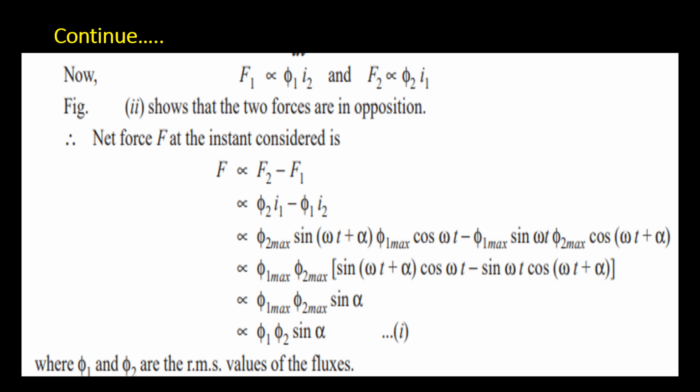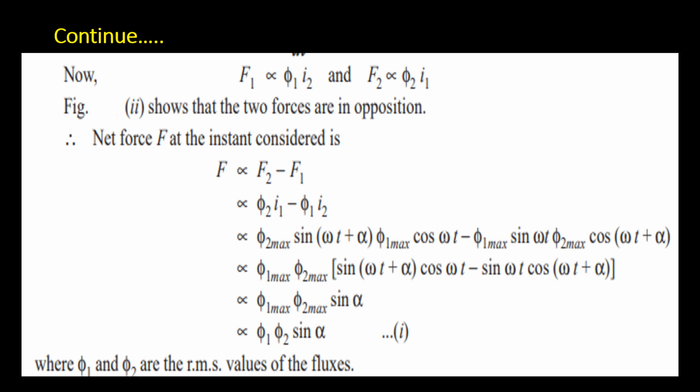Now put the value of F2 and F1. So we will get phi2 I1 minus phi1 I2. Now we have the values of phi and I in terms of sine and cos. So putting those values in this equation, we will get net force proportional to phi2 max sin omega t plus alpha into phi1 max cos omega t, minus phi1 max sin omega t into phi2 max cos omega t plus alpha.